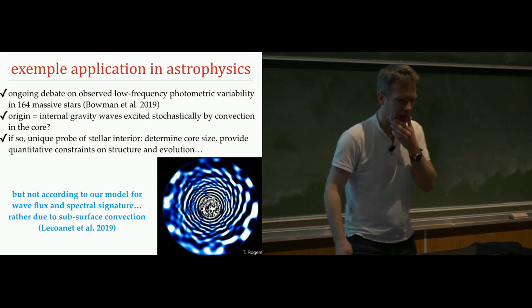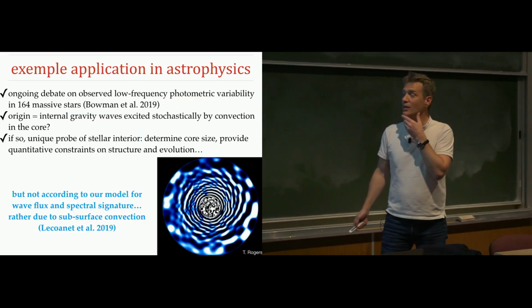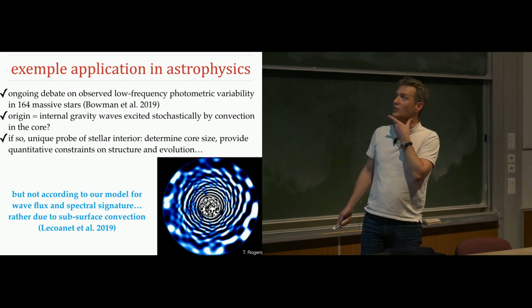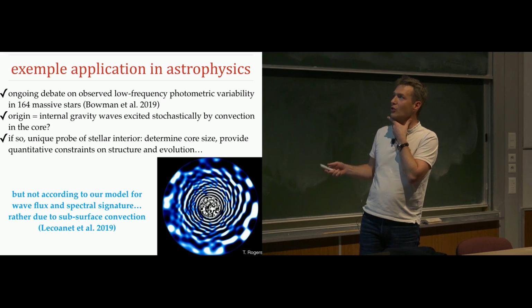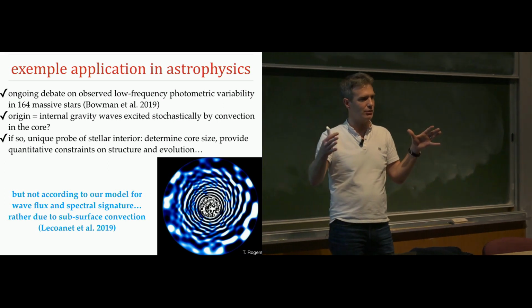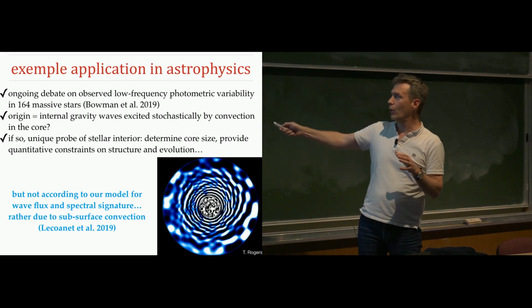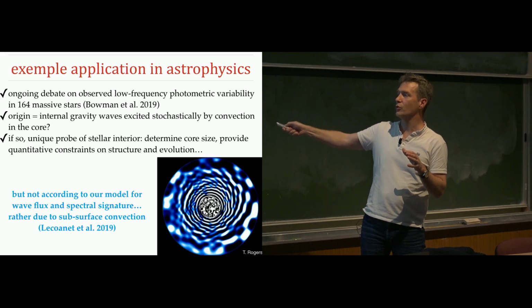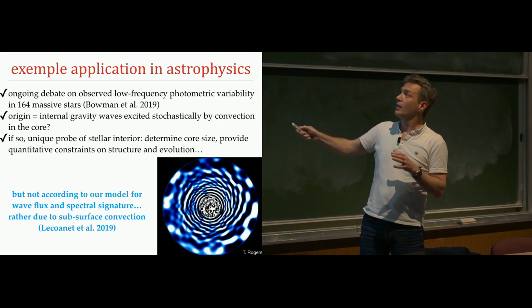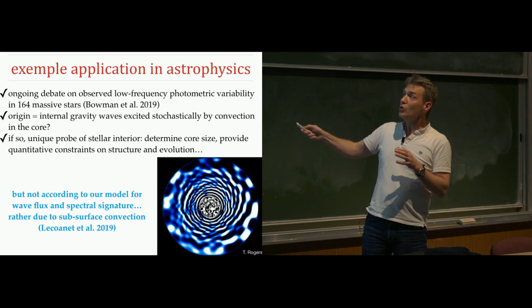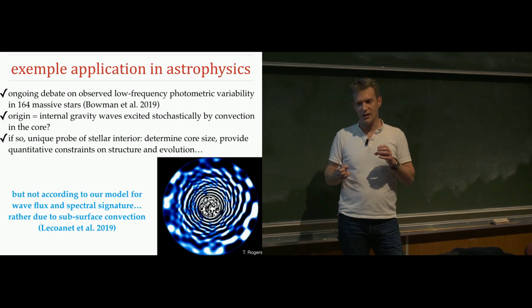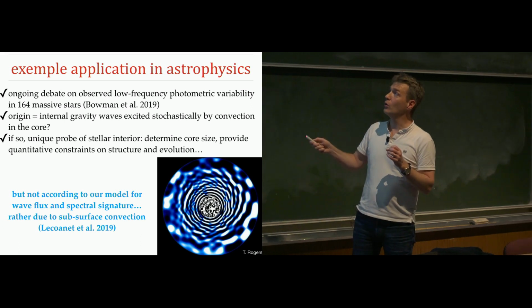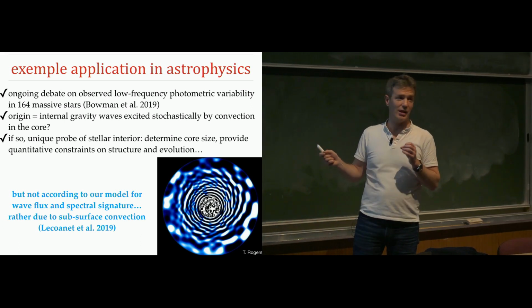And we have used that very recently for an ongoing debate. There were, last year, observations of very massive stars. Massive star means that the waves are in the upper part and the turbulence in the inside. There were a lot of new observations of those stars where they showed that they have some low frequency photometric variability.